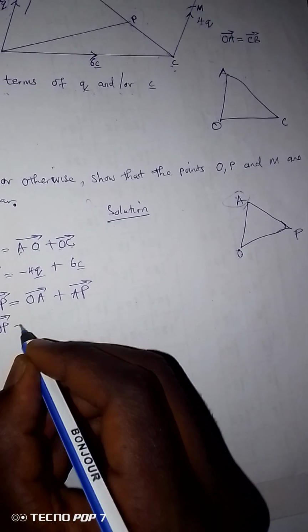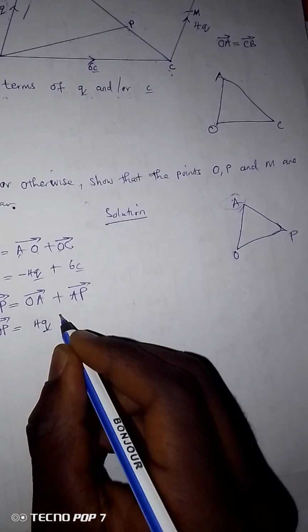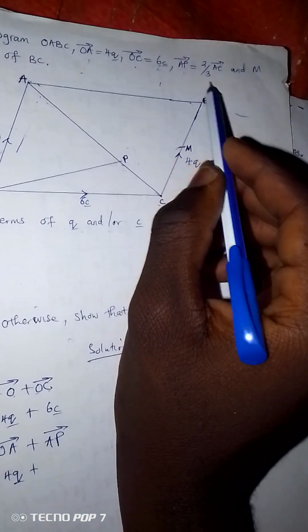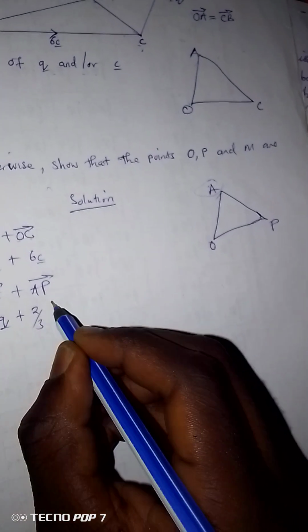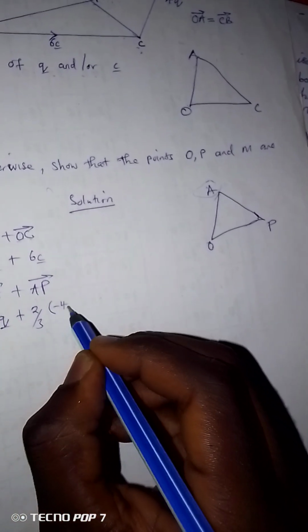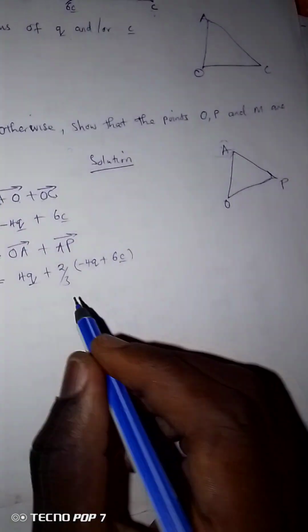OA is what? 4Q. Then AP, they gave us in the question, AP is equal to 2 over 3 AC. So write 2 over 3, then AC, you know it's negative 4Q plus 6C.